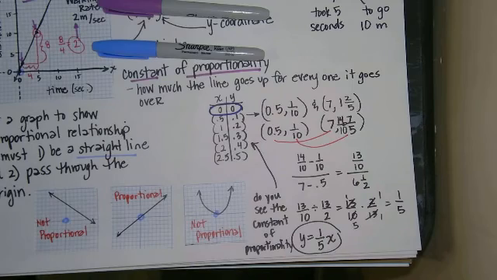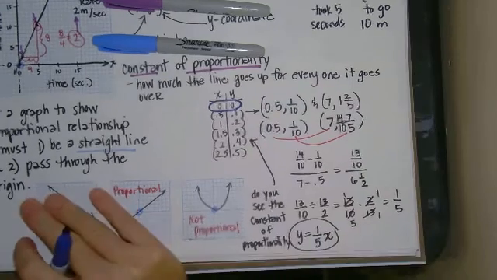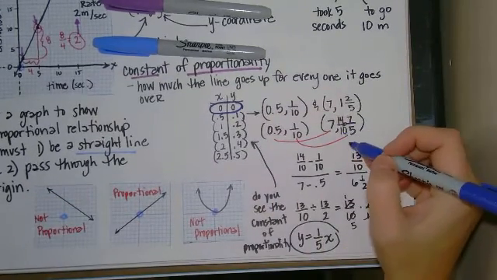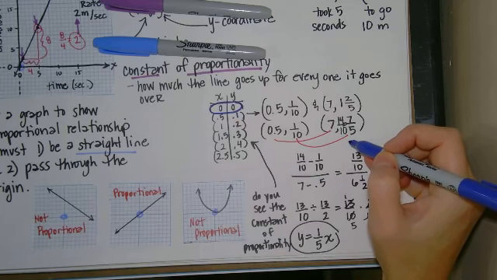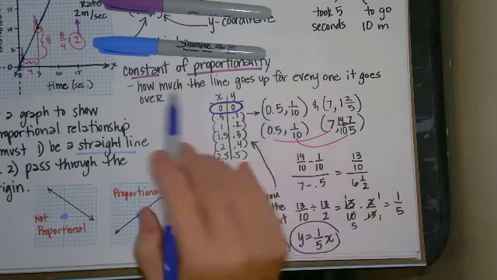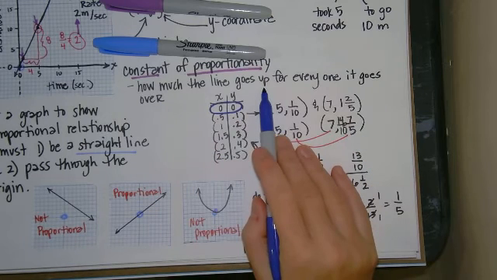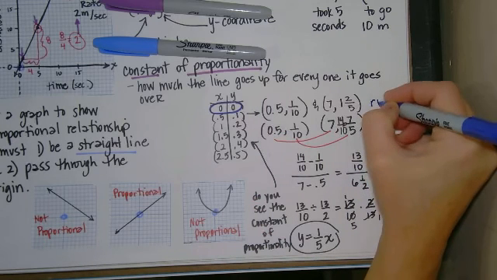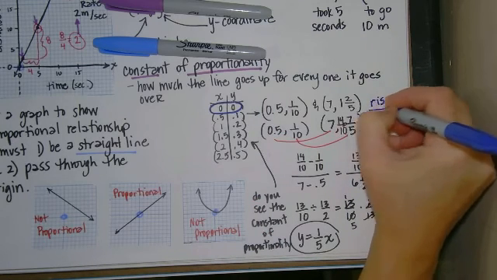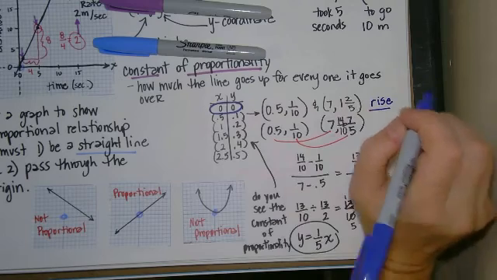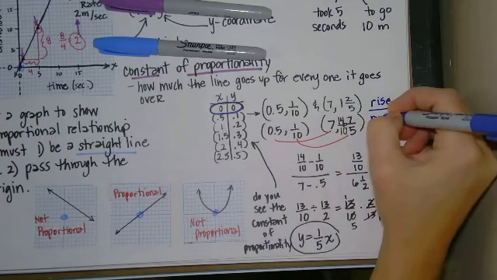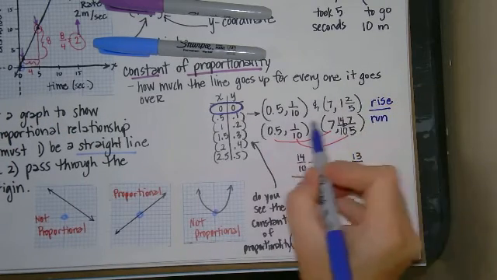So what we want to do is take a look at these points to see if we can calculate the constant of proportionality. Now remember, we want to see how much does the line go up for every 1 it goes over. So we're going to take how much the line goes up, also known as the rise, and we're going to divide that by how much the line goes over, also known as the run.